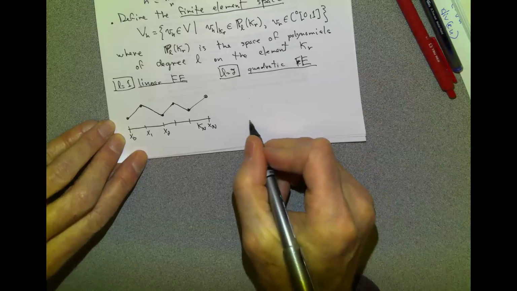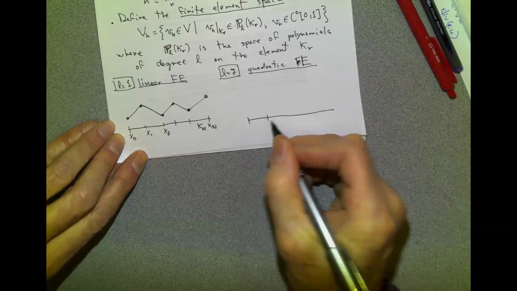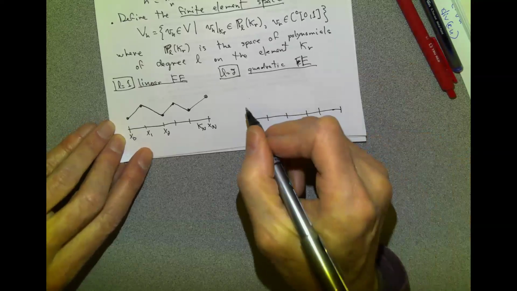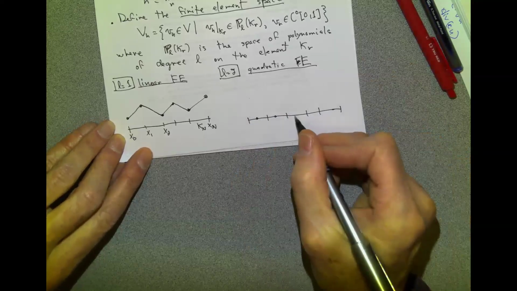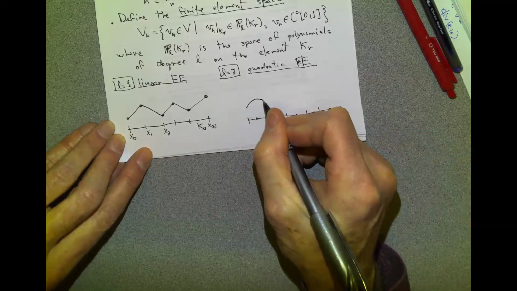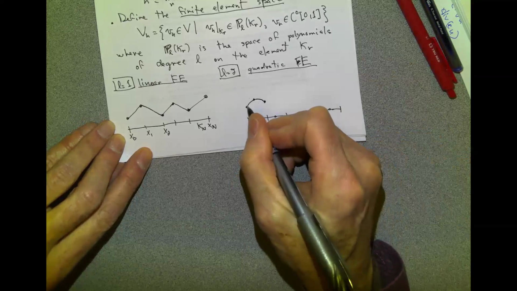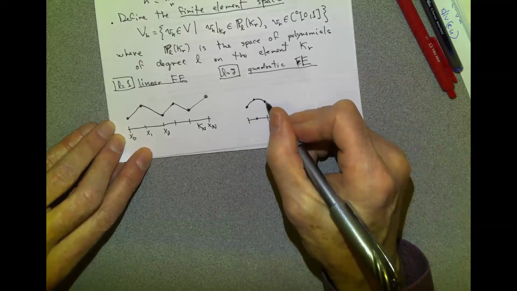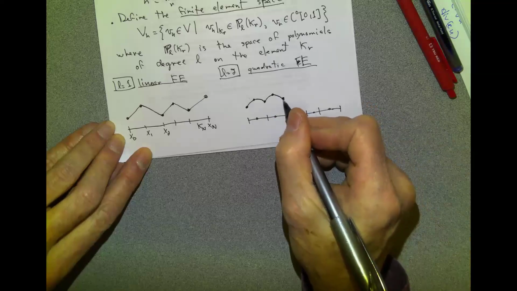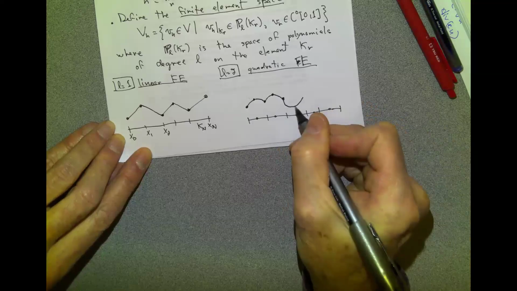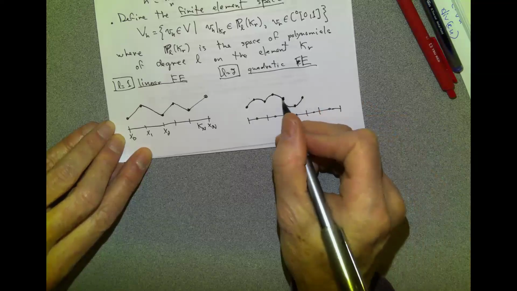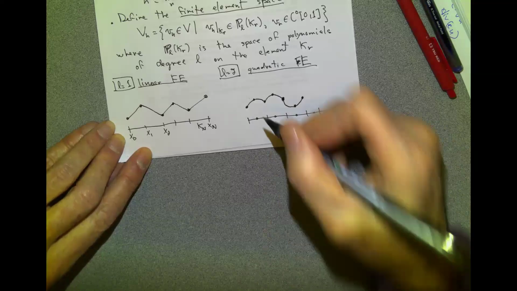In this case, on every element, we're getting a quadratic function. And to specify the function, we need to add the midpoint. On every element, you will have 3 values to specify the function like that. We're getting the continuity of the function by choosing the degrees of freedom at the endpoints.